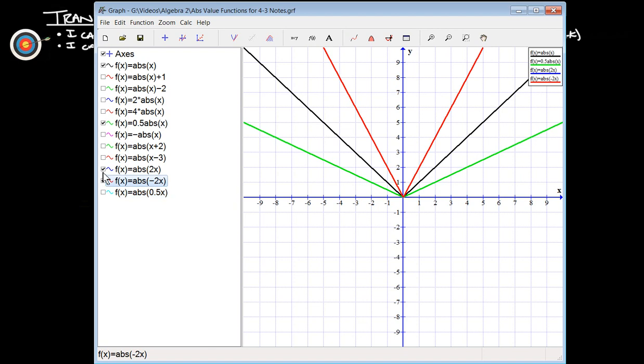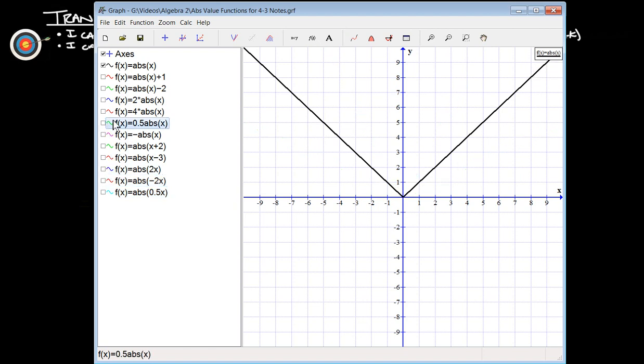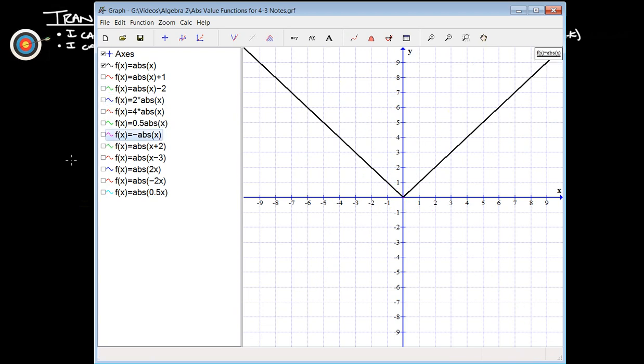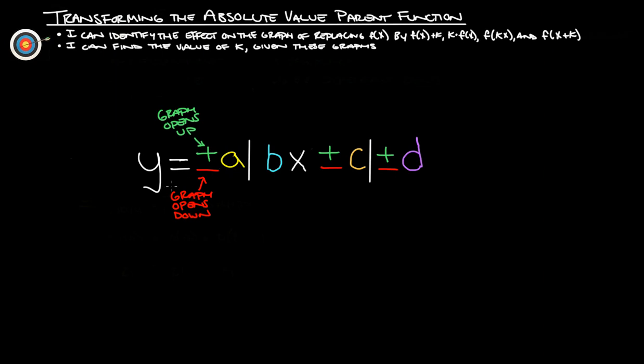So back to this here. If we had negative out front, it opens down. If it was positive out front, which is this original one, it opens up. Also, so does 2, so forth and so on. So that's what this does. The A here is going to be the slope of the lines of the graph, basically, right?